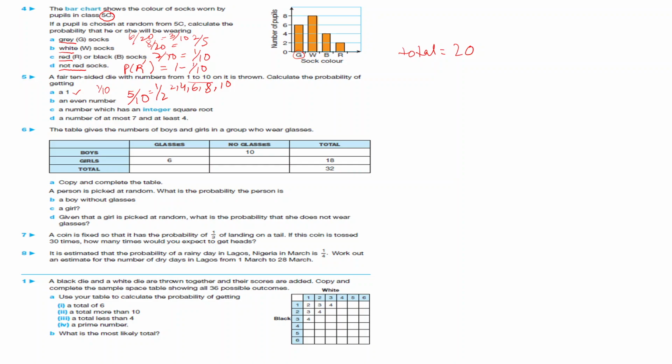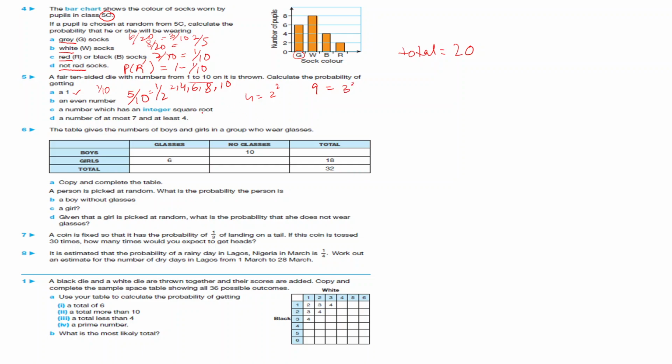A number which has an integer square root. So, for example, 2 is the square root of 4, and 3 is the square root of 9, right?